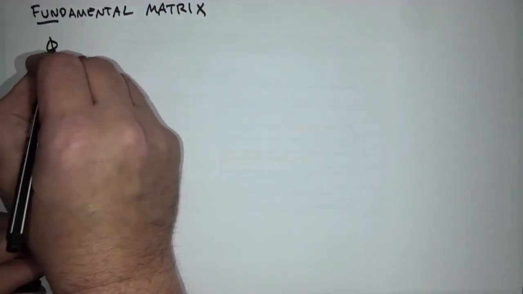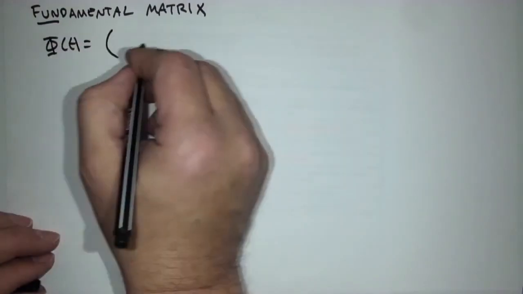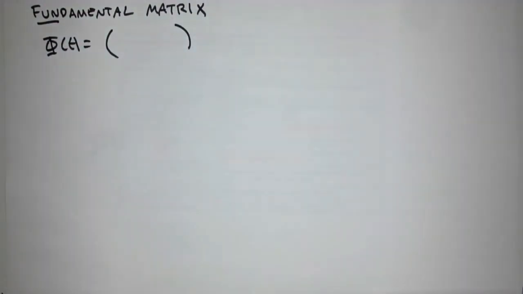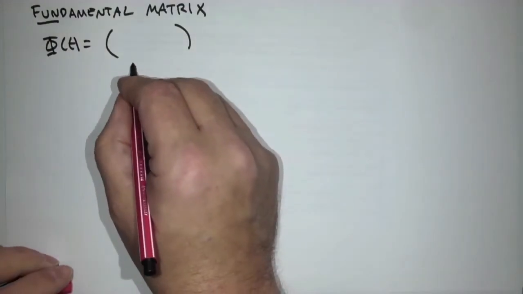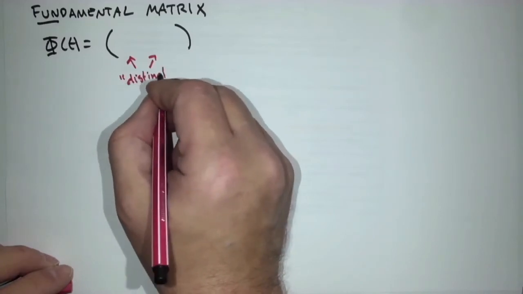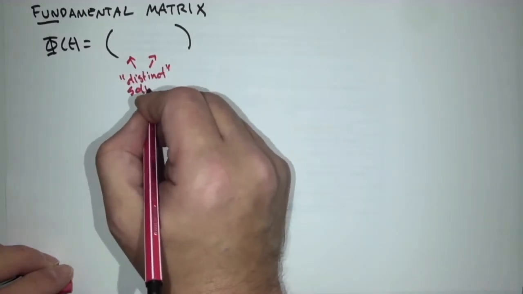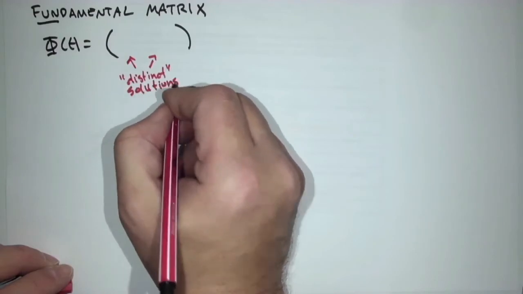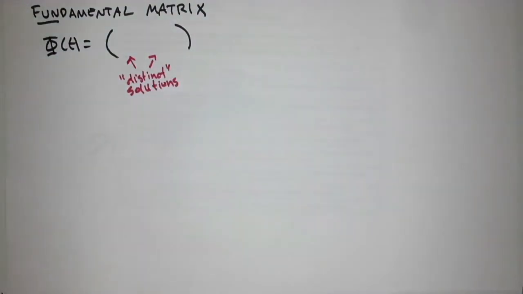So the idea is you have phi of t. What goes into your fundamental matrix? Your solutions. These need to be distinct solutions. And distinct is just a stand-in for the fancy word linearly independent.